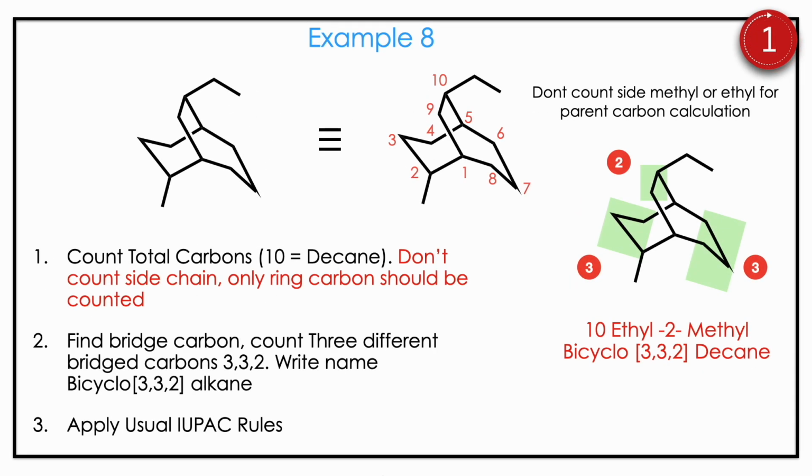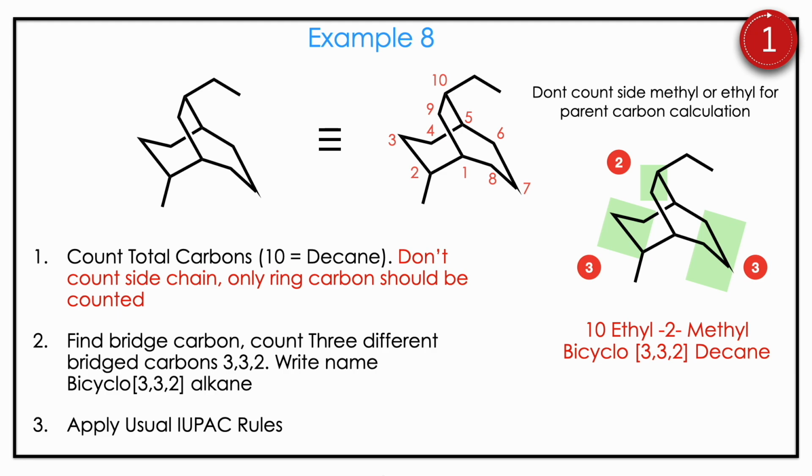Then the next example, it's a bridged system with complicated substitution. If you draw the numbering and total carbon atoms, it is 10. Don't count the side chain, only count the atoms in the bridge as well as the cycle. Here if you look at it, we don't count methyl and ethyl. So total carbon will be 10, not 13.